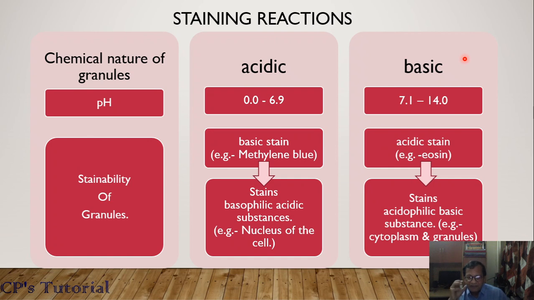When you choose a basic stain, for example methylene blue, it stains the basophilic substances, which are acidic in nature, for example the nucleus of the cell, endoplasmic reticulum, DNA, RNA. When we choose an acidic stain, for example eosin, it has affinity for the acidophilic or eosinophilic substances that are actually basic in nature, for example cytoplasm or granules.